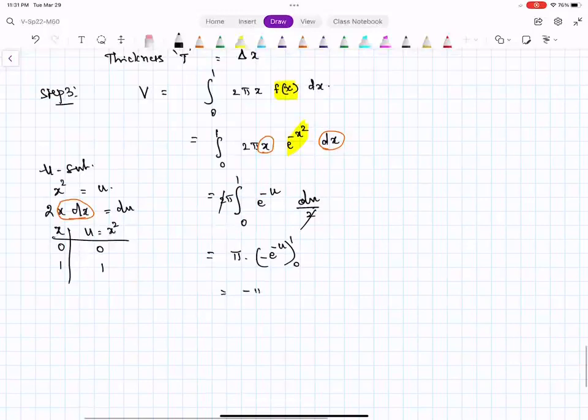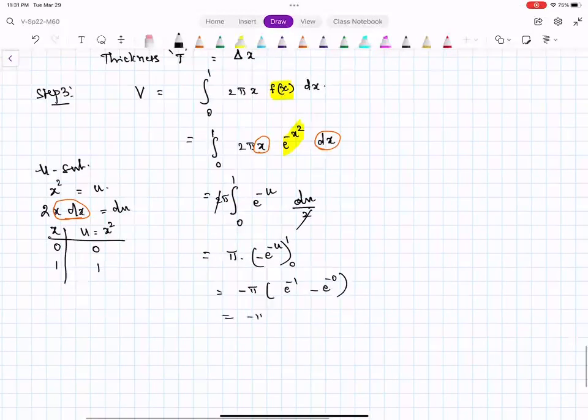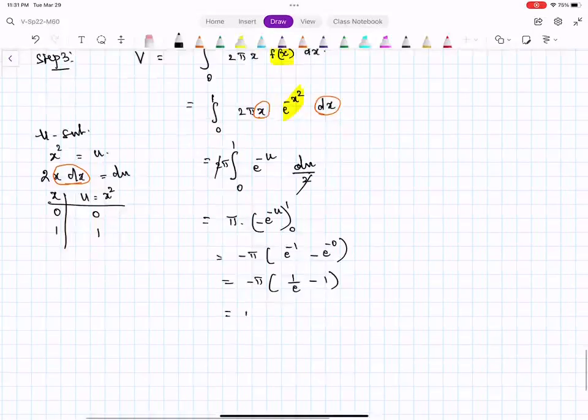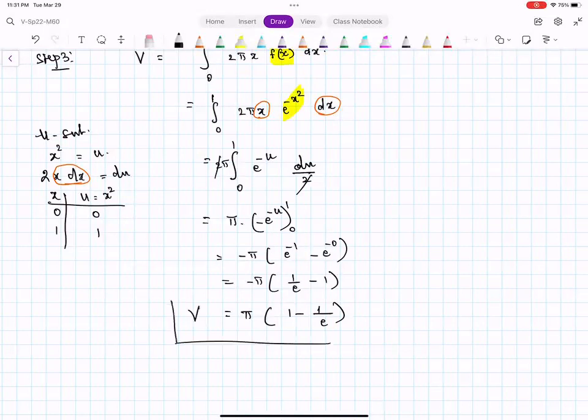You can take the negative sign out, so negative pi times e to the negative 1 minus e to the negative 0, which is negative pi times 1 over e minus 1. This can also be written as, distributing the negative sign, pi times 1 minus 1 over e. So that is the volume by the cylindrical shell method.